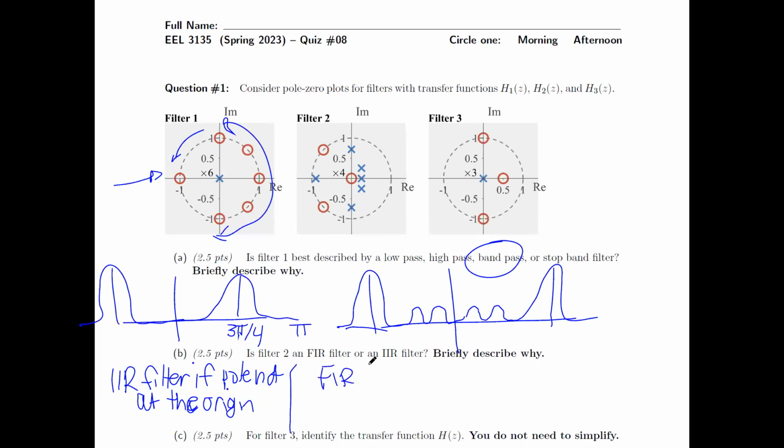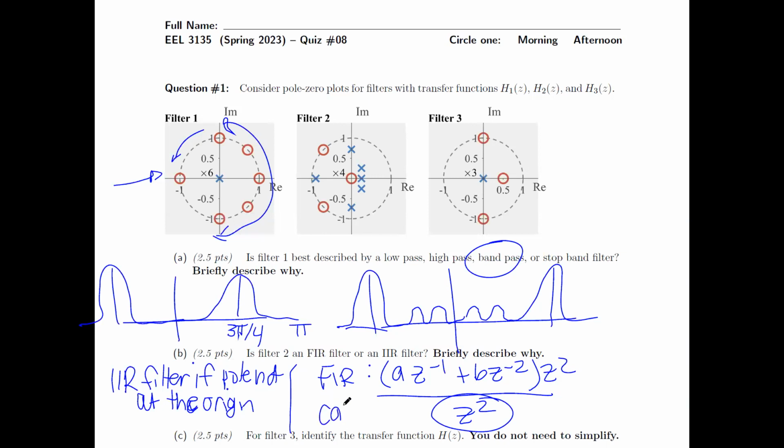If you remember, an FIR filter has some form like some coefficient a z to the negative 1 plus b z to the negative 2, whatever degree polynomial you want. And basically, let's say you multiply this by z squared, you'll see that at most it'll have a pole at the origin, and that's it.